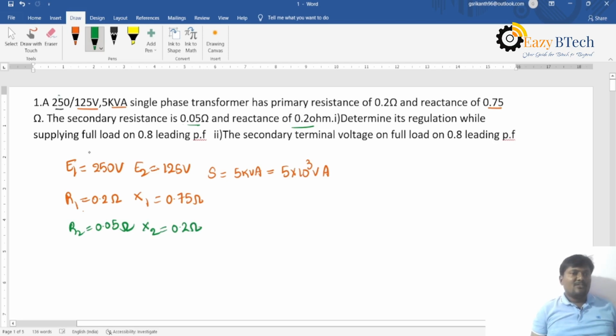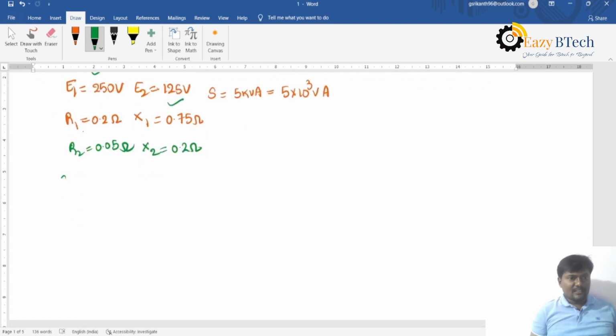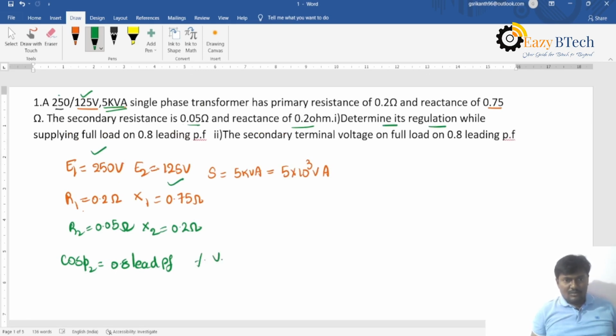The primary induced EMF E1 is 250, E2 is 125, and S is 5 kVA. Determine its regulation while supplying full load at 0.8 leading power factor. So he is asking for the percentage voltage regulation at 0.8 leading power factor.